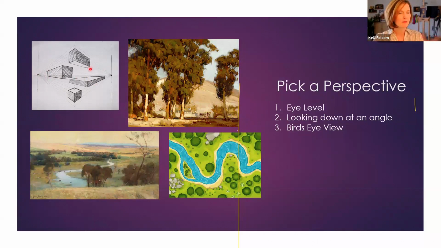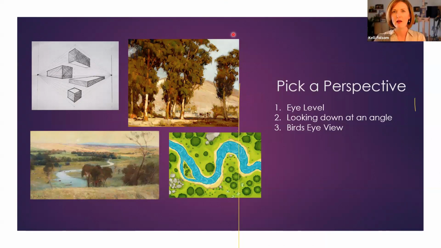Here we have simple 2-point perspective. This is what we think of when we think of perspective, right? Somebody says perspective, we start thinking about boxes going off into space. So the first option you have with still life and landscape is eye level. This is where the painting is not so much about depth of space. It's shallow depth, and it's more about movement either up and down or across the picture plane, left to right or right to left.